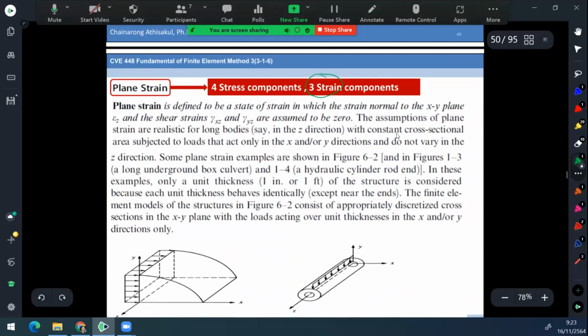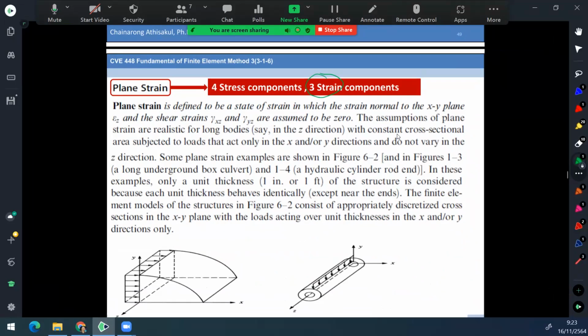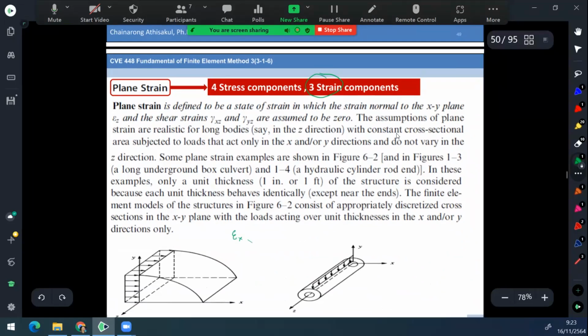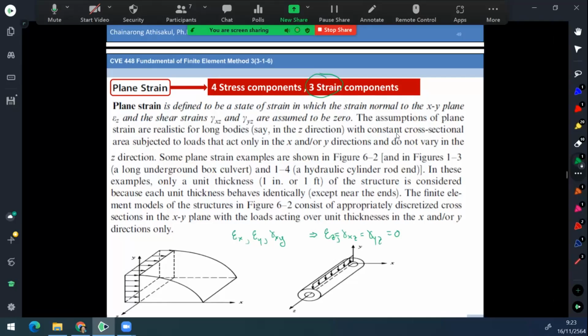It means that we focus on the problem where the out-of-plane strain is small enough that we can neglect it. So we have just epsilon x, epsilon y, and gamma xy. Epsilon z, gamma xz, and gamma yz become 0; they are small enough that we can neglect them.